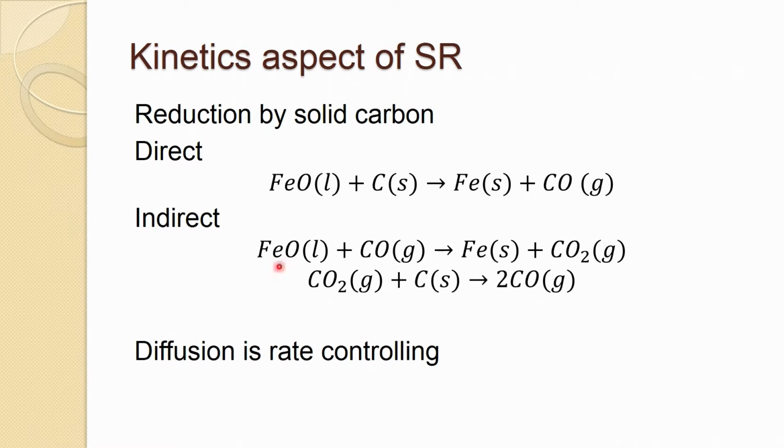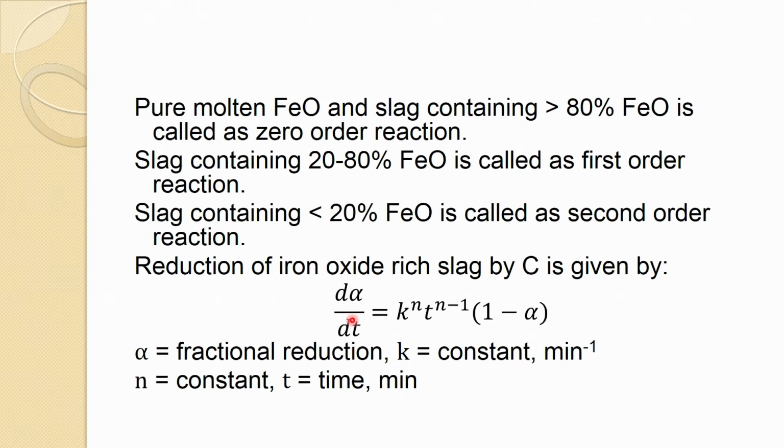In the liquid state, the gaseous phase gives iron and CO2, and CO2 again reacts with the available carbon to form CO, which again can reduce this. So, it is sort of diffusion rate controlling, but the kinetics is quite complex.